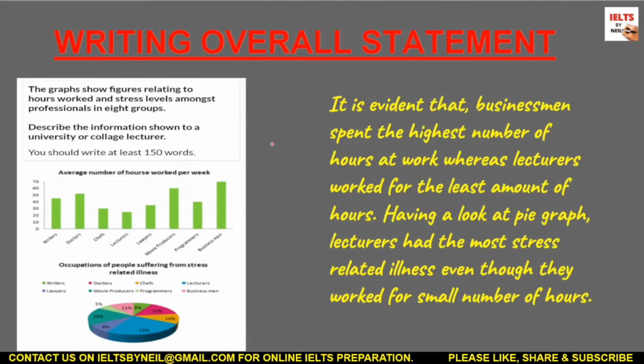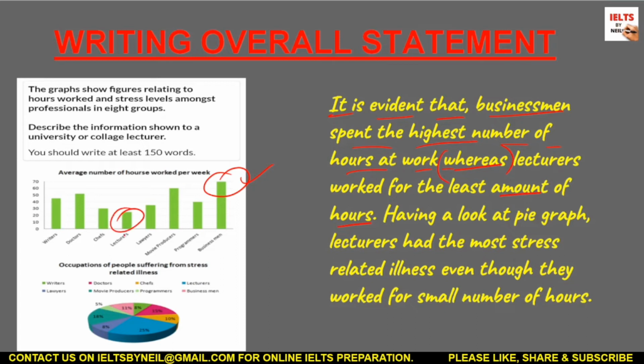So if you have a look here, the overall statement says it is evident that businessmen spent the highest number of hours at work, means this one, right? So this is the main feature. Whereas, means I'm going to talk about something opposite, lecturers worked for the least amount of hours.